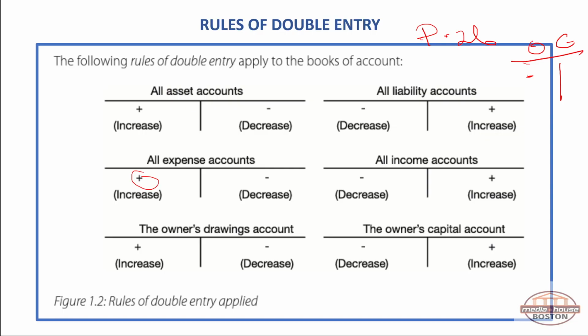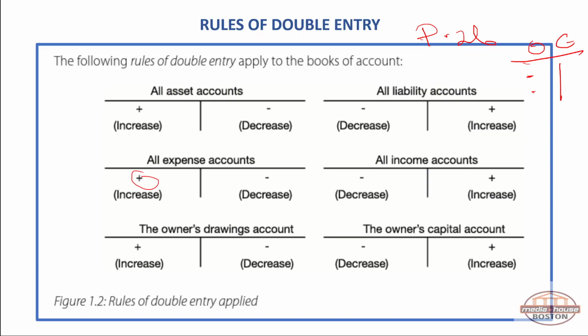And then the owner's drawings as well, due to having a negative effect on the owner's equity, will sit on the owner's equity side, but we'll use a minus this time on the accounting equation to indicate that it is decreasing the owner's equity interest.